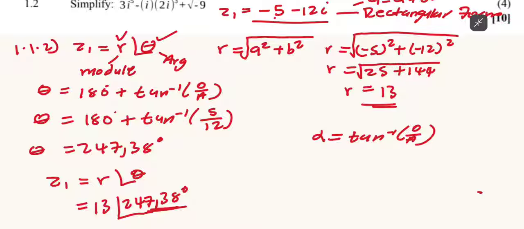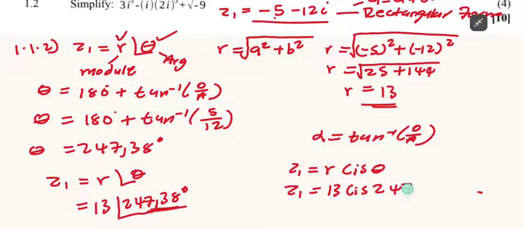One thing about the polar format is that it is represented in two forms. It can also be written as r cis the angle. If you prefer, this will be r, which is 13, then cis 247.38 degrees. These two are one and the same thing.